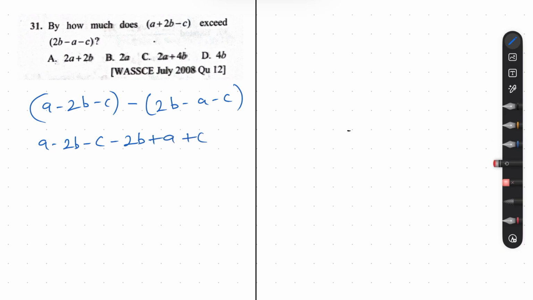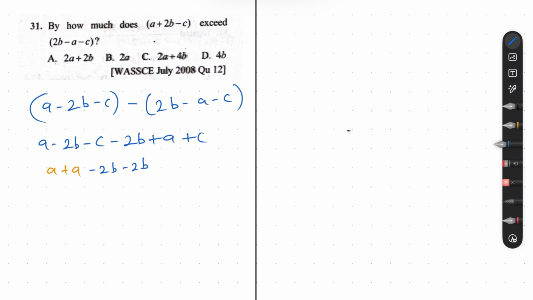This becomes plus because negative times negative is positive, and this also becomes plus. Now we have three variables a, b, and c, so let's group like terms: a plus a, then minus 2b minus 2b.